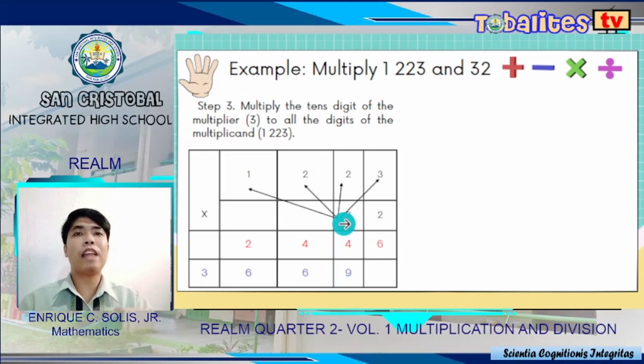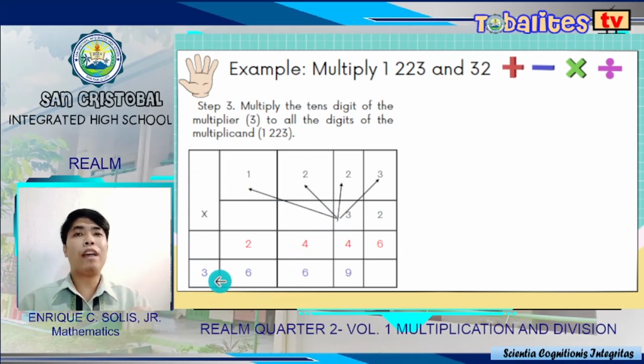Next is 3 times 2, which is 6, right at the hundreds place value. The next 3 times 2 goes to the thousands place value, and last is 3 times 1, written under the column of 10,000 place value.